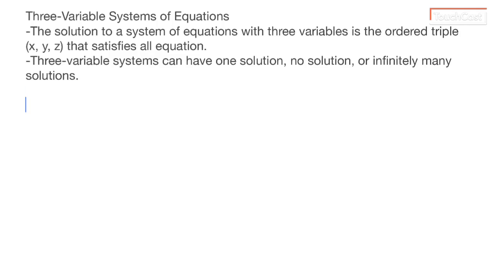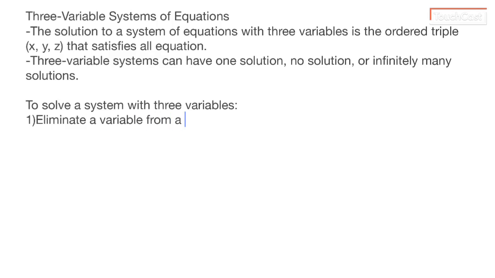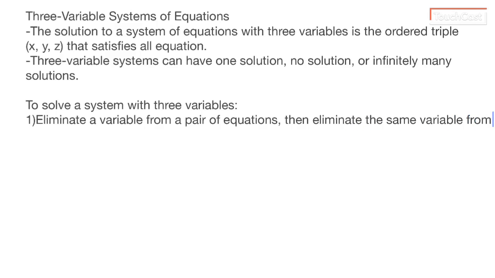So, I've got some steps. So to solve a system with three variables, we're going to do the following. First, we're going to eliminate a variable from a pair of equations, then eliminate the same variable from another pair of equations.